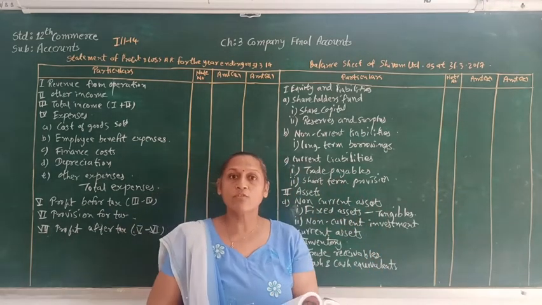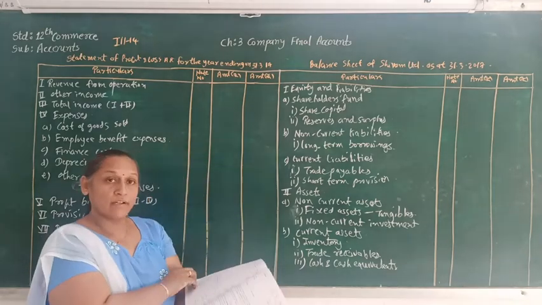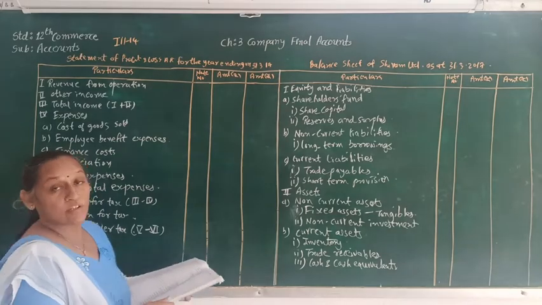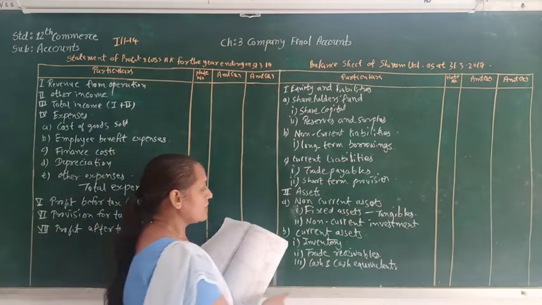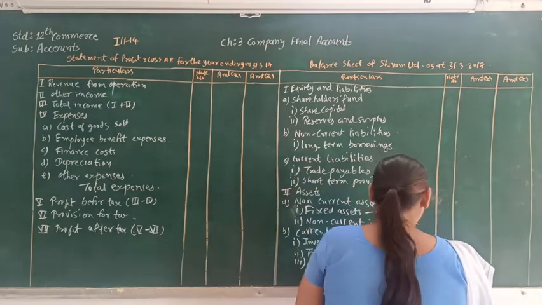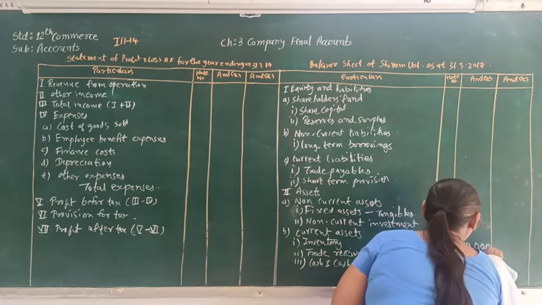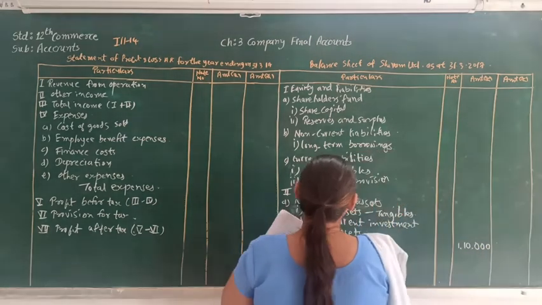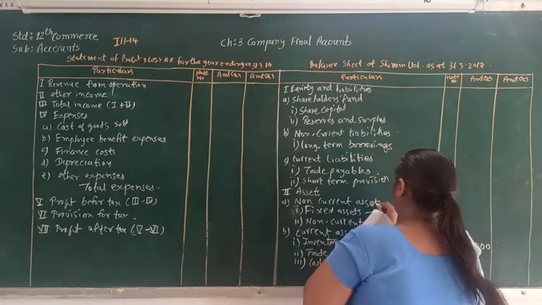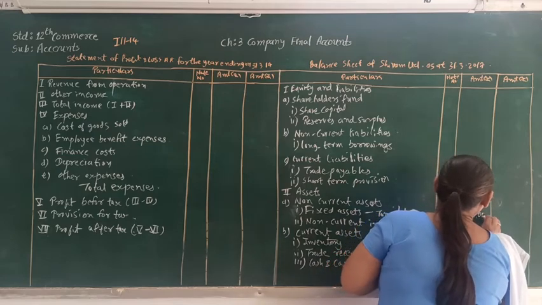Now we have to put in the balances of the balance sheet. Let's start from the balance sheet. So the very first thing given to us is inventory. So inventory will fall here, that is 1,10,000. The second one is fixed tangible asset, so it will fall over here, and that is 8 lakh.